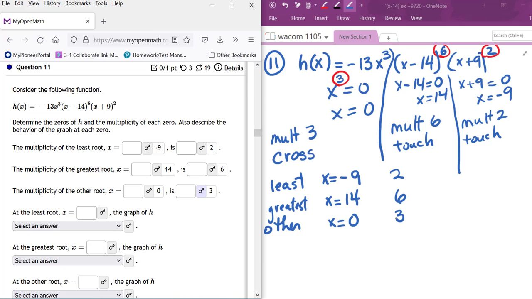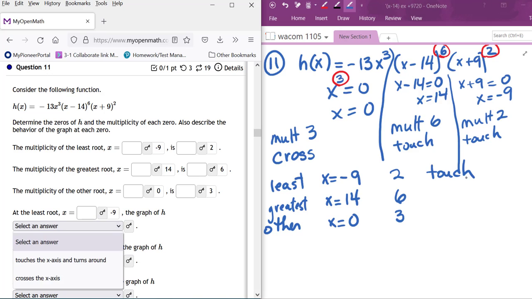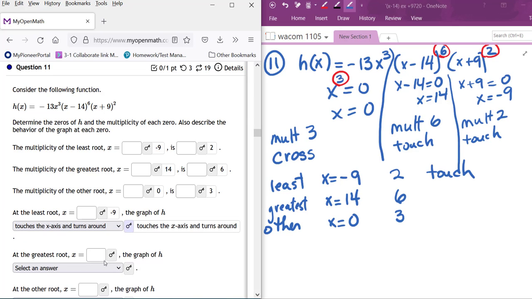Then it asks about the behavior. At the least root, which is x equals negative 9, it has an even multiplicity, so it's going to touch. And it lets us choose, touches the x-axis and turns around. Right.